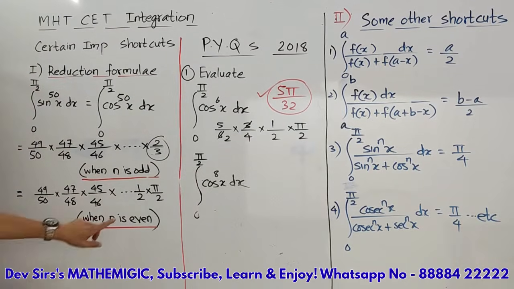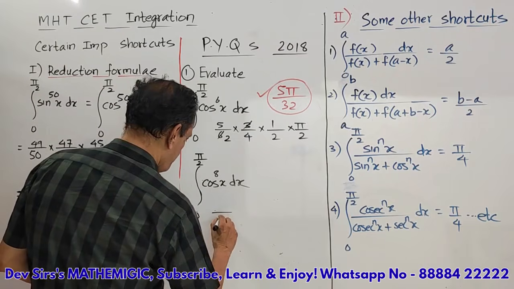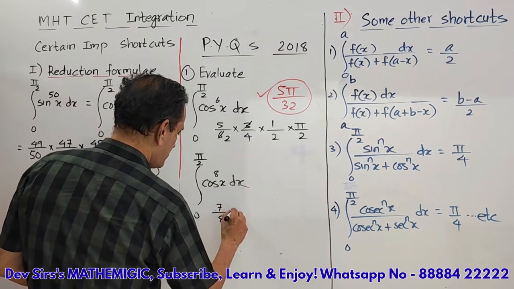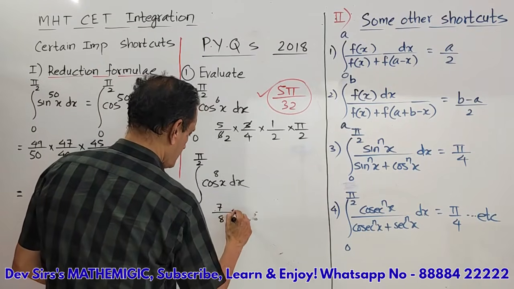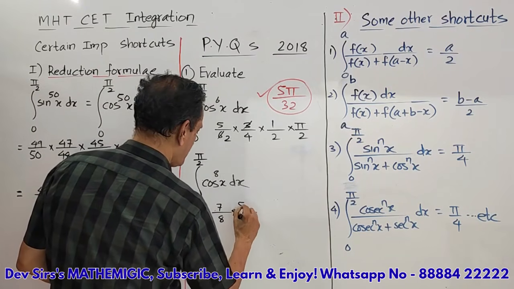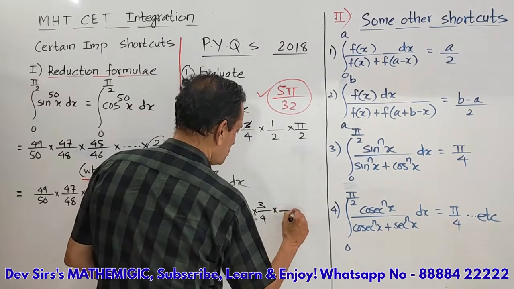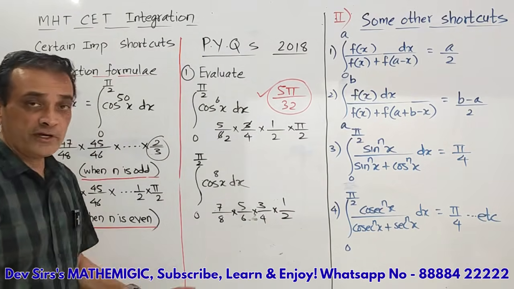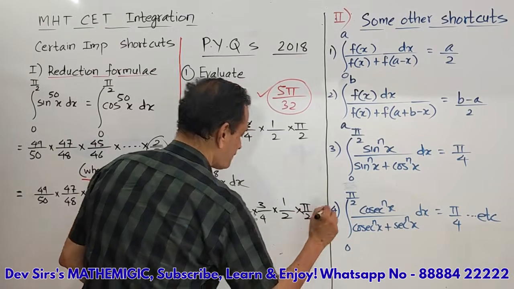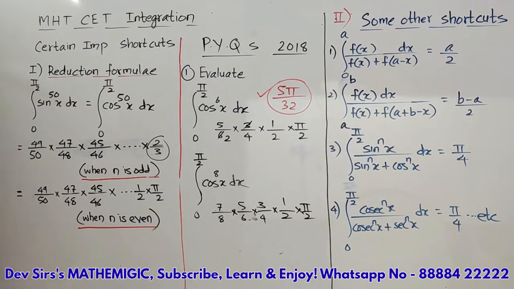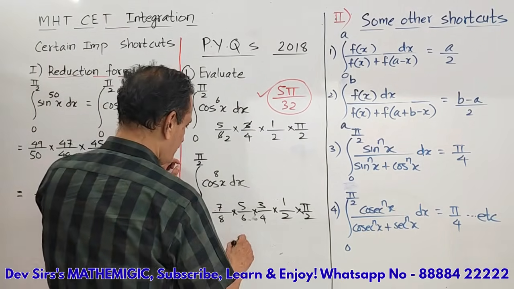So for even number, 1/2 will be the last number. Let's see. 8 7 6 5 4 3 2 1. But when you get 1/2, उनको चलता नहीं है. Multiply by pi by 2 as per this rule when n is even. So what do you get?